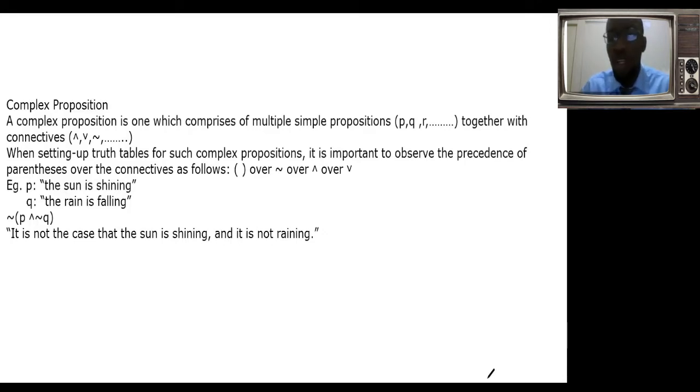A simple proposition is just one solitary proposition, like let P be, it is raining, that's a simple proposition. Q is the sun is shining, that's a simple proposition. But we combine these two, now we get a complex proposition. We're going to combine them using and, or, or not.